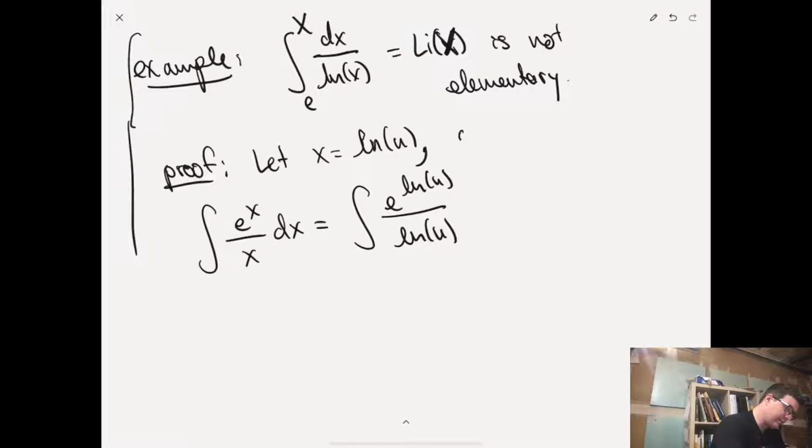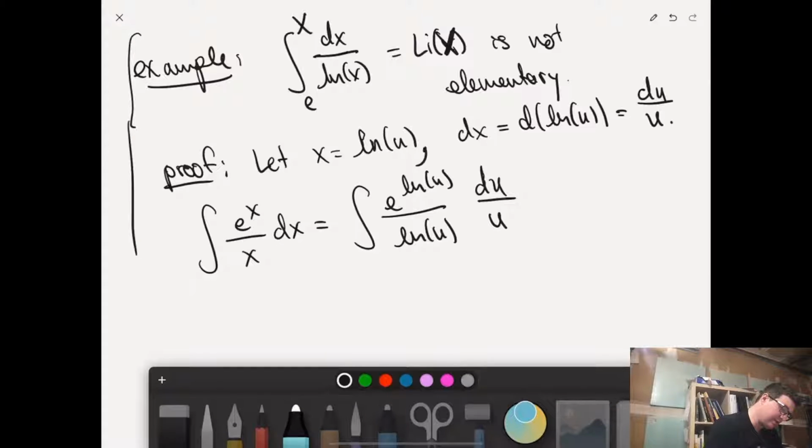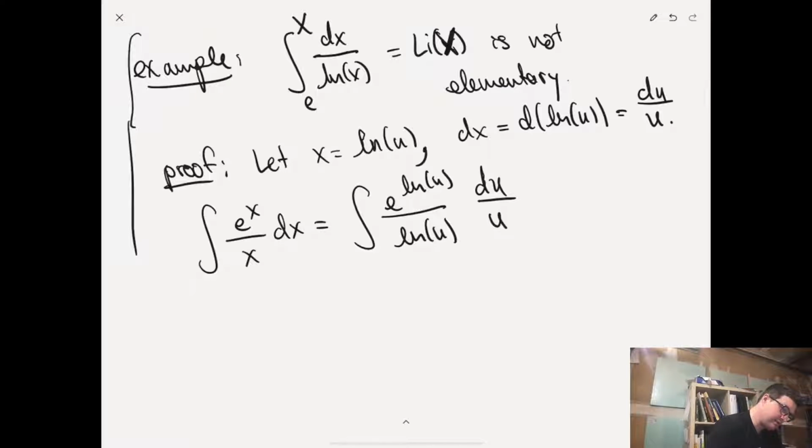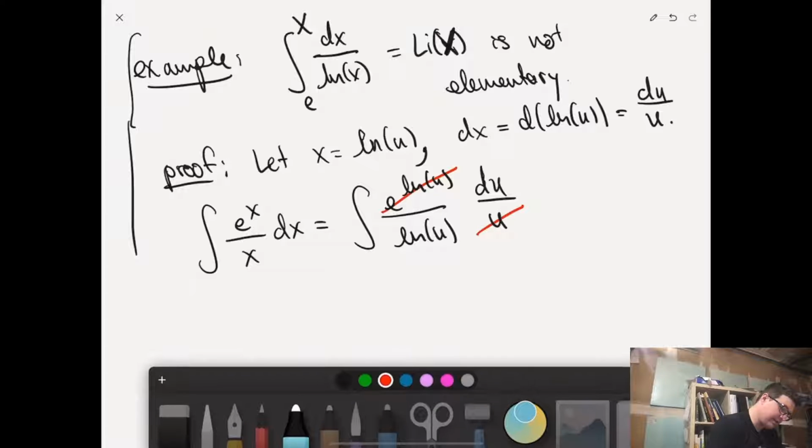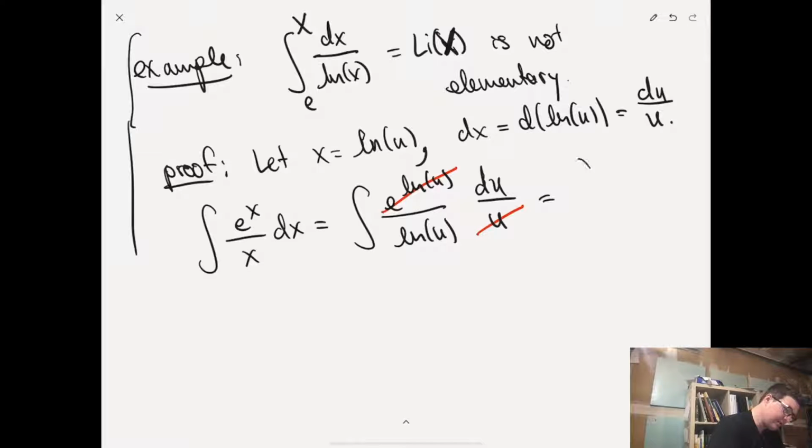And here we'll use dx equal to d of log of u, which is du over u, since you take the derivative, which is 1 over u. This thing just becomes a u here, so these cancel, and this just becomes the integral of du over log of u.